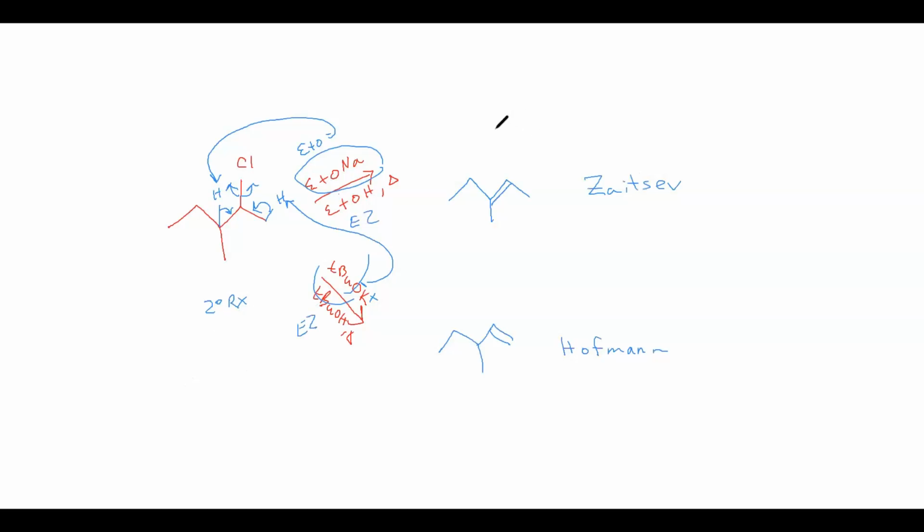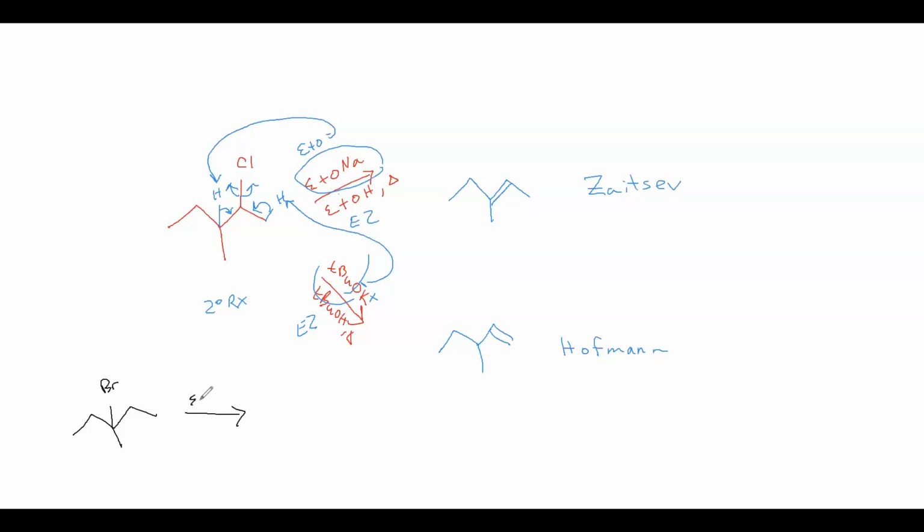Okay, and then another example would be if we use a tertiary alkyl halide, and if a tertiary alkyl halide with a strong base would still proceed via an E2 mechanism.